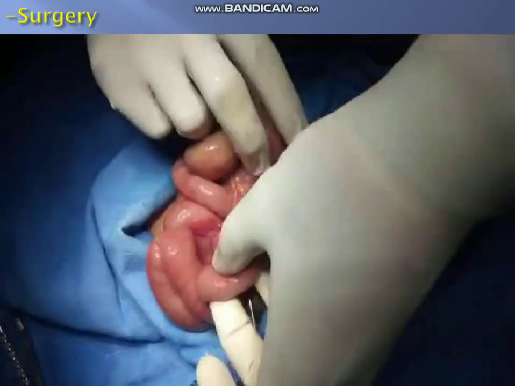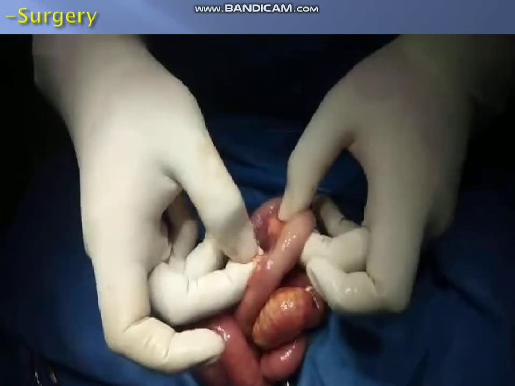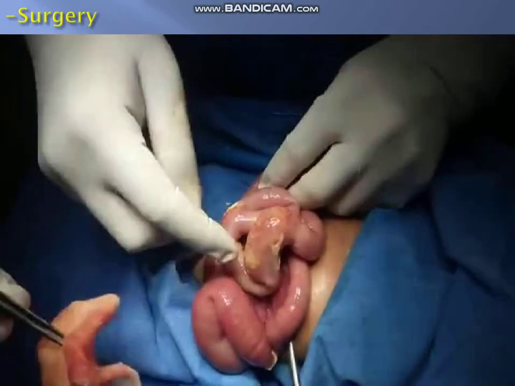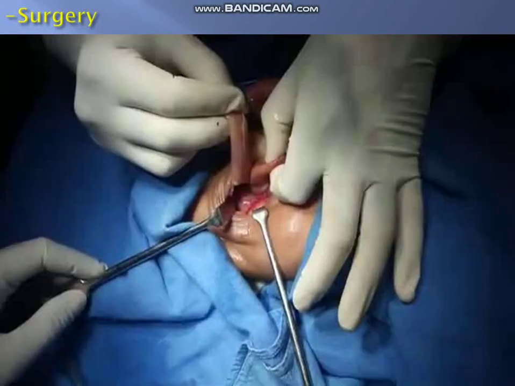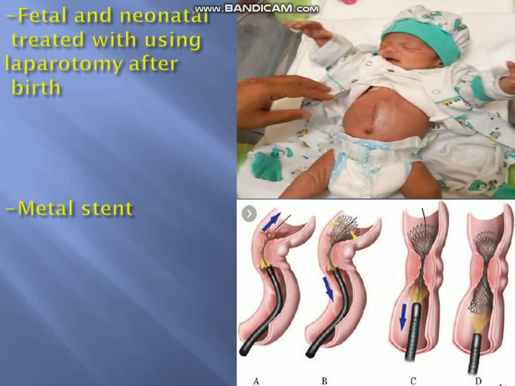In cases where the narrowing is longer or the area is damaged and cannot be used for a period of time, a temporary stoma may be placed. Also, liquid or air enemas or a small mesh metal tube stent may be used to open up the blockage.